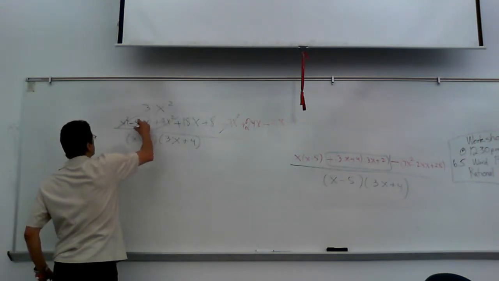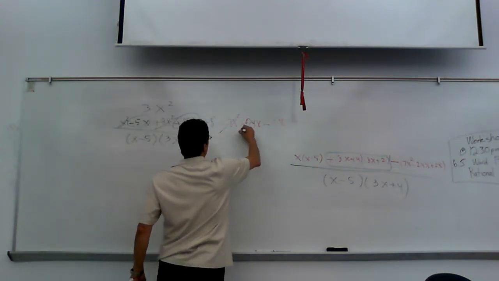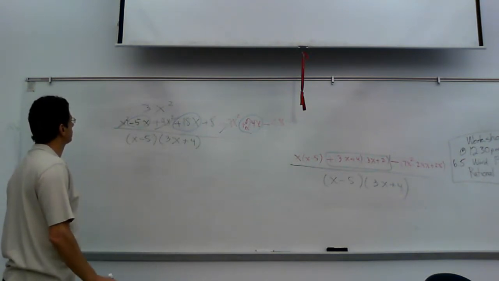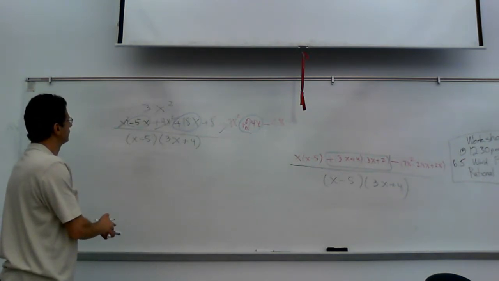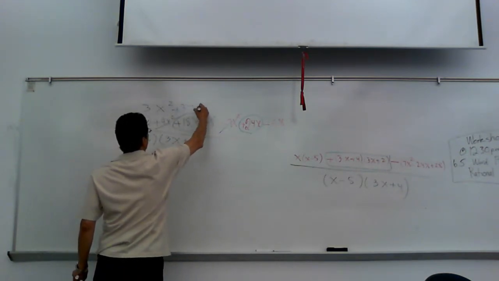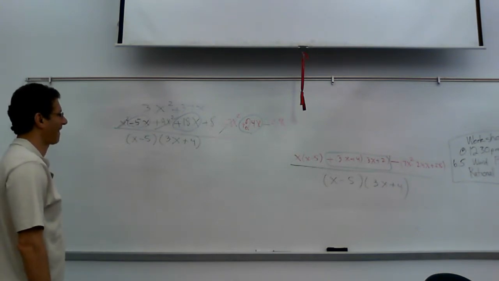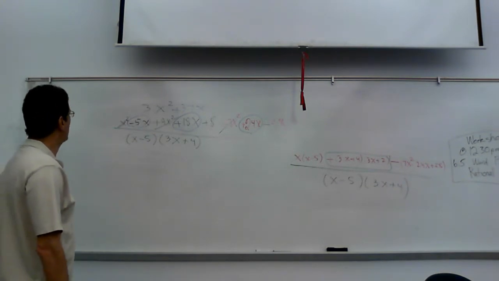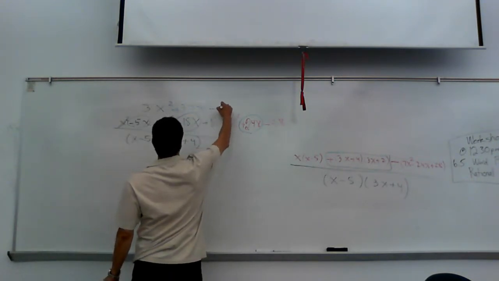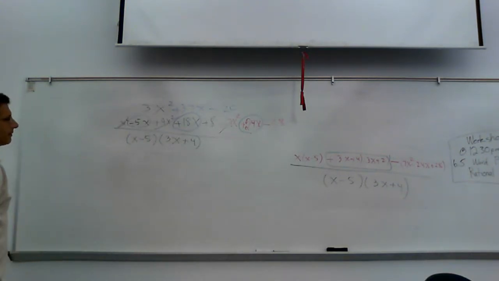Minus 5x plus 18x plus 24x is 37x. And what do we have? Negative 20. Minus 20. Is that right?